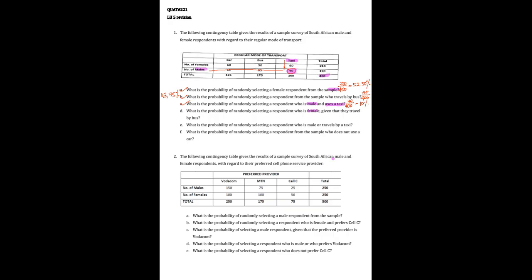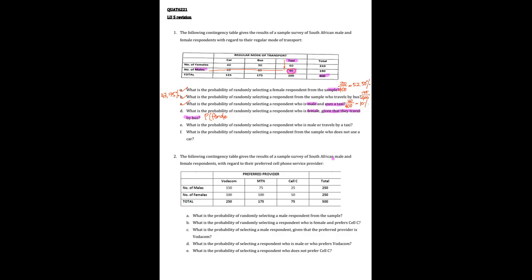Now, what do we mean by that? If you look at the wording of this question, they want to know the probability of it being a female, but it says given that they travel by bus. So they know in advance that the person travels by bus.